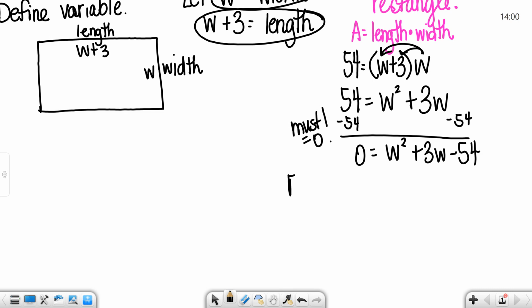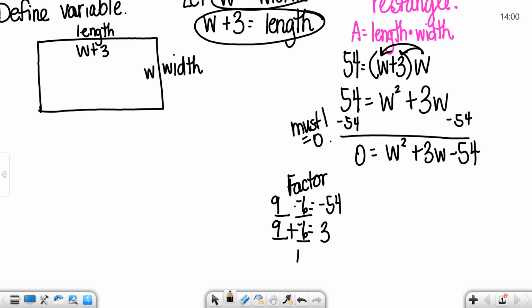All right, and so now we factor. I'm looking for two things that multiply to be A times C. Those same two things add to be B. A times C is negative 54, and my B value is 3. Okay, so 9 minus 6. I like faux fractions.